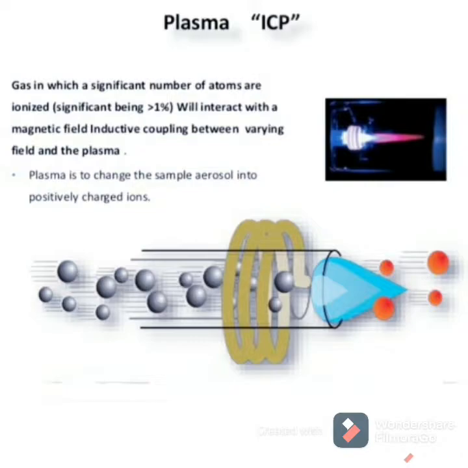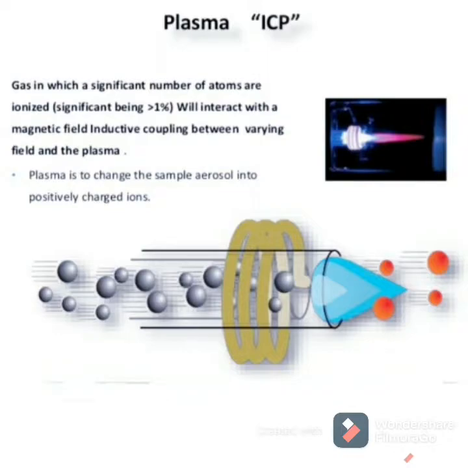When we prepare our sample and send it into the instrument with the help of gas, our sample decomposes into an aerosol. Plasma sends that aerosol into the magnetic field, where it decomposes and gives a positive charge.